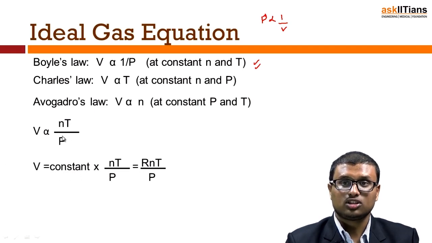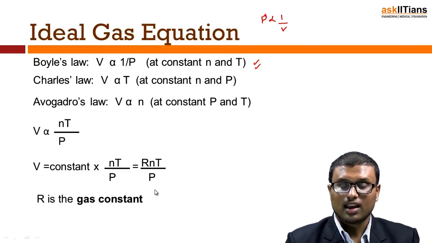Obviously, if there is a proportionality value, there will be a constant. Yes, here also you have a constant. So that volume is nothing but a constant into nT by P. So I can say my volume is nothing but RnT by P, where R is a constant, which is nothing but the universal gas constant or gas constant.